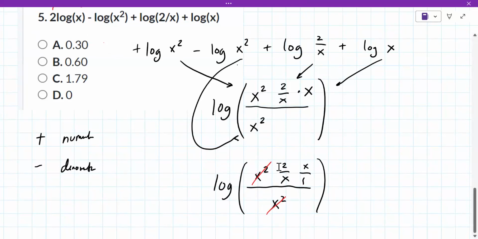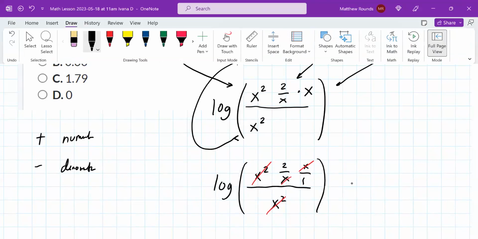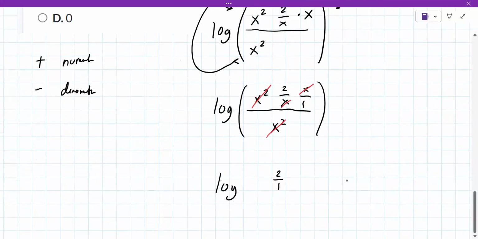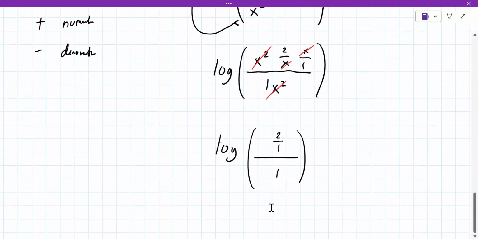The x on the top and bottom, they can also cancel. All right, so this becomes log 2 over 1 over 1, there's really a 1 on the bottom. And 2 divided by 1 is 2, divided by another 1 is 2. This is really the log of 2.